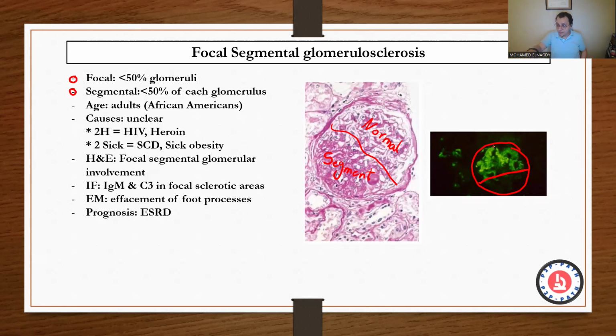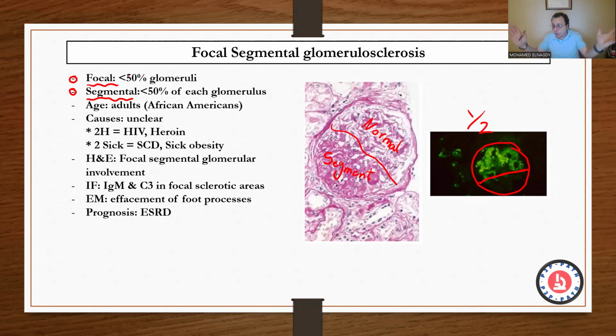This is what's creating the pathology. So when you have half of a glomerulus lighting up by immunofluorescence, so I always say a half, this means that you are dealing with focal segmental glomerulosclerosis or glomerulonephritis. Segmental means half of the glomerulus is having a pathology, and focal means half of the whole glomeruli of the kidney is having the pathology.